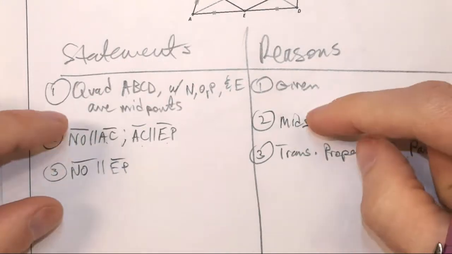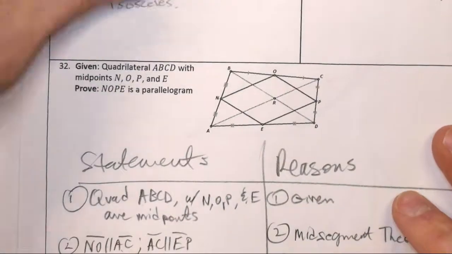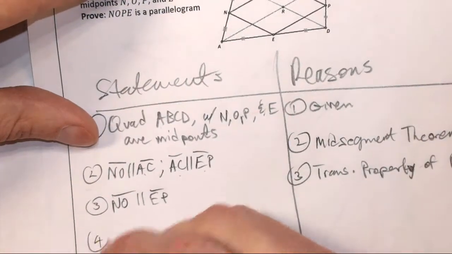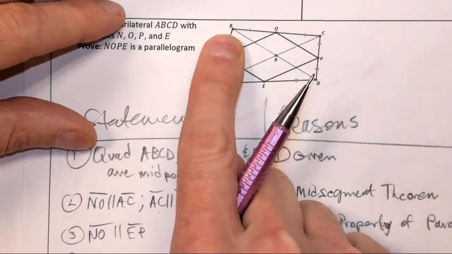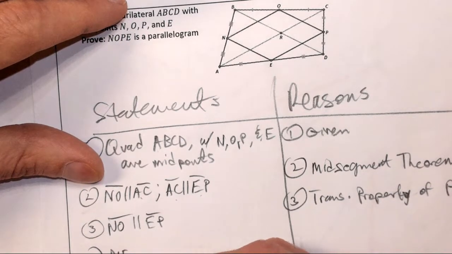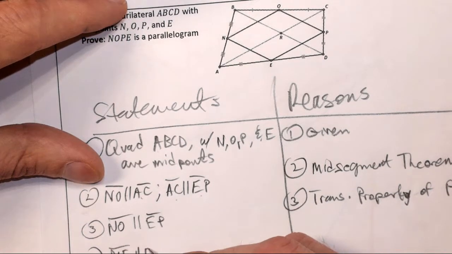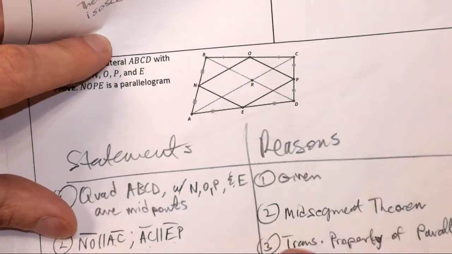Now I just have to do steps 2 and 3 one more time with the other two sides of my quadrilateral. Right, so step 4 is going to be that NE is parallel to BD, and BD is parallel to OP.